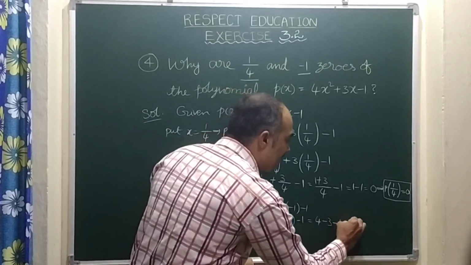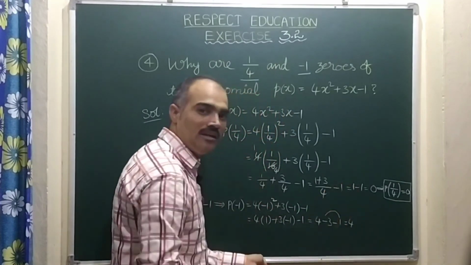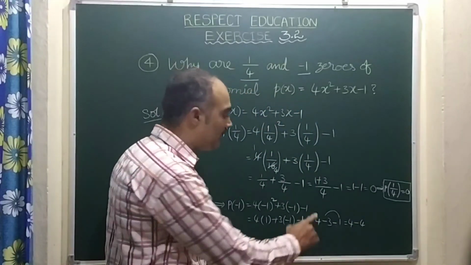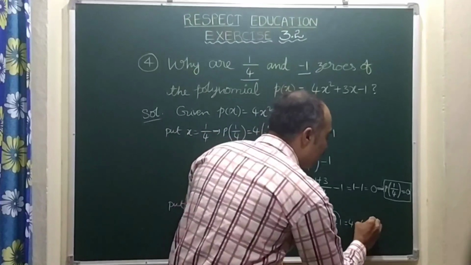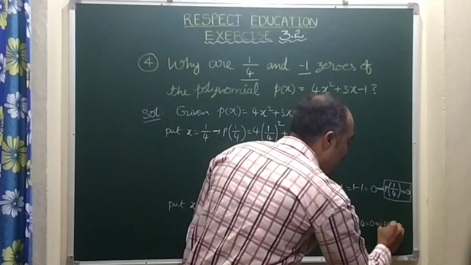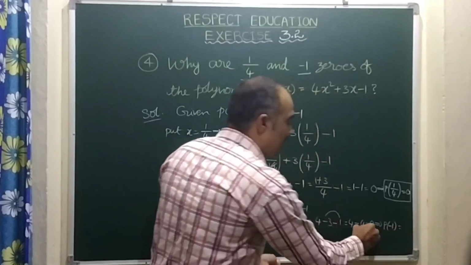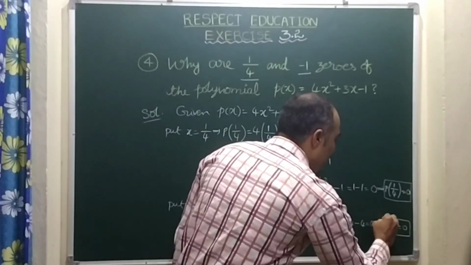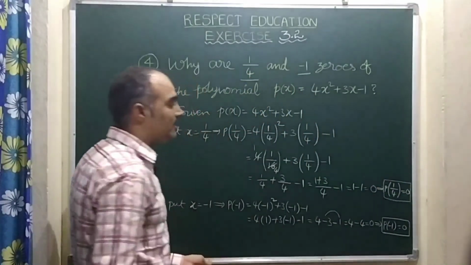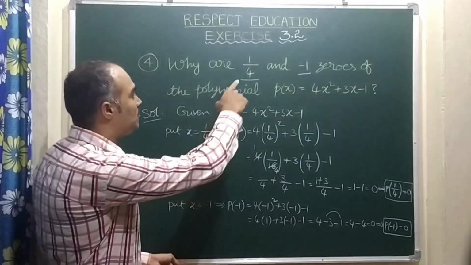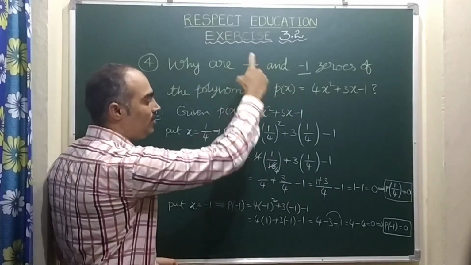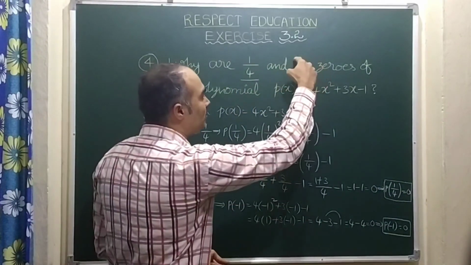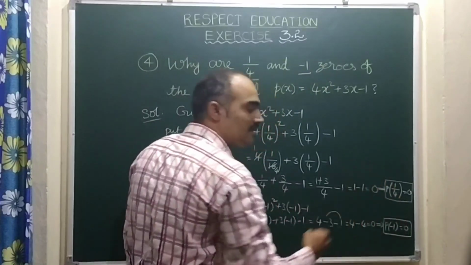Now you see, let us write 4 as it is, minus 3 minus 1 becomes minus 4, because both have the same signs, we need to add them by keeping a minus. 4 minus 4 is 0, therefore here you get p of minus 1, finally it becomes 0. So p of minus 1 is also 0. Now you understand children, when you substitute 1 by 4 in place of x, you get the answer 0. In the same way, when you substitute minus 1 in place of x, then also we get answer 0.